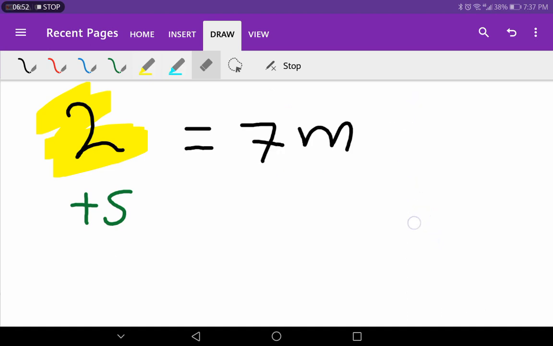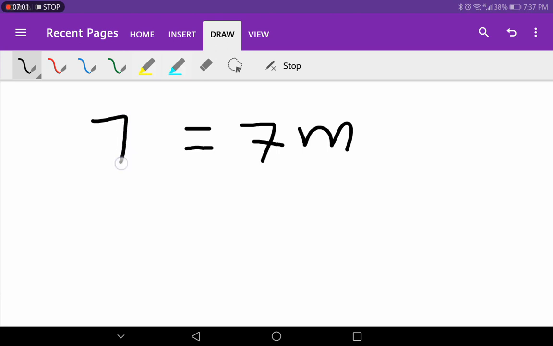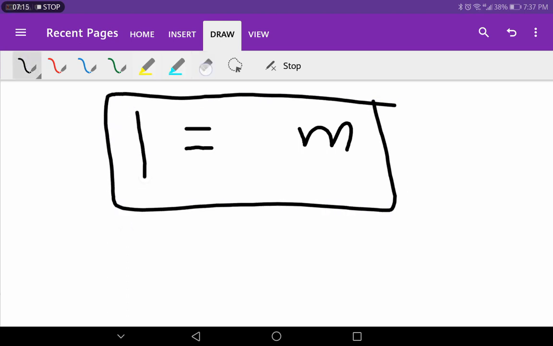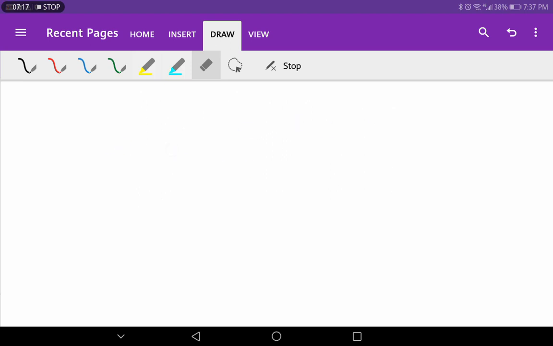Now this eliminates this, and 2 plus 5 equals 7. Yes. Now the last step, we divide by the coefficient. 7 divided by 7 is 1. We are done. So m equals 1. Okay, one more question.